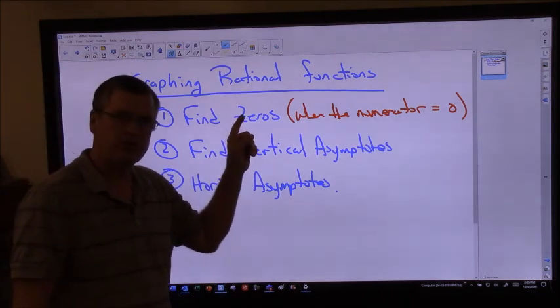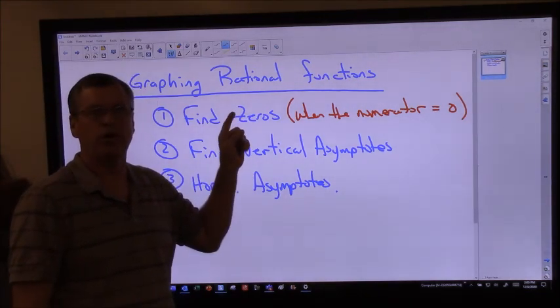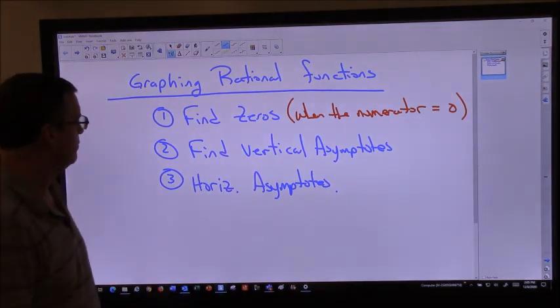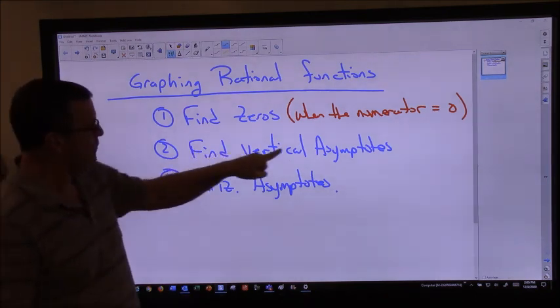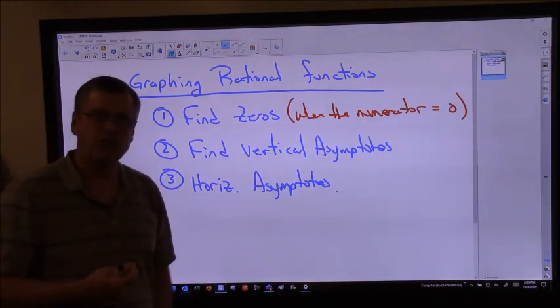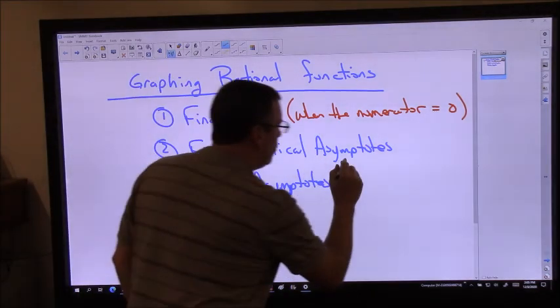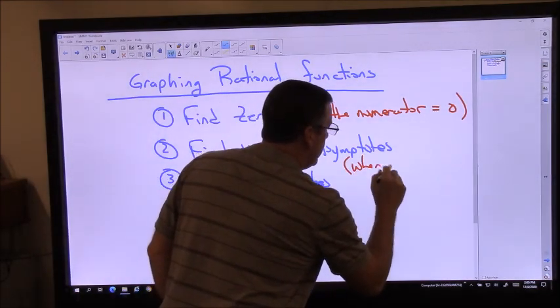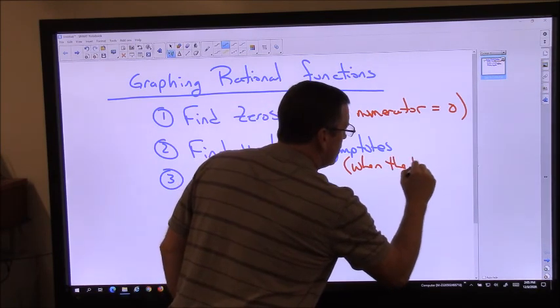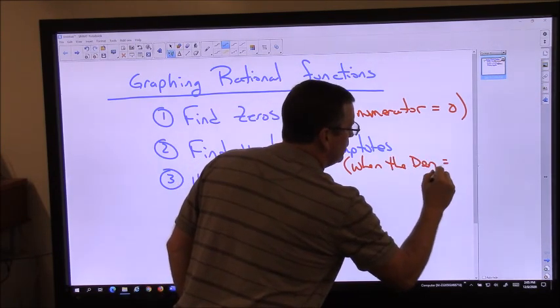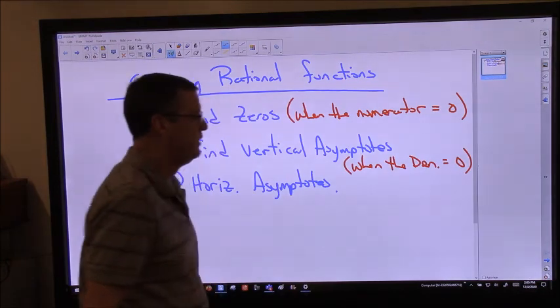And remember, zeros are x-intercepts, where you cross the x-axis. Okay? Vertical asymptotes, that's when the denominator is equal to 0.